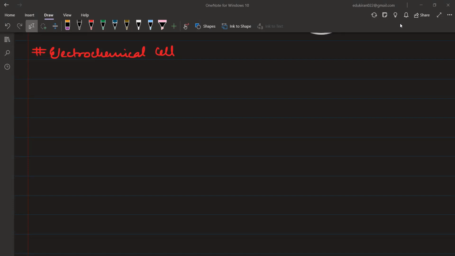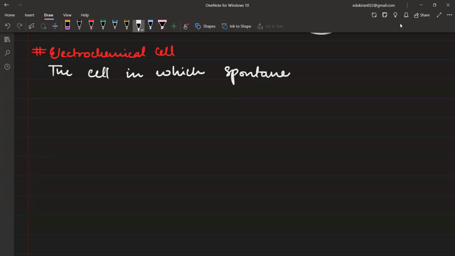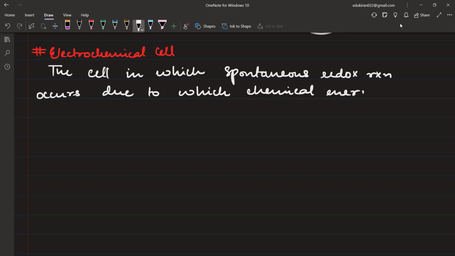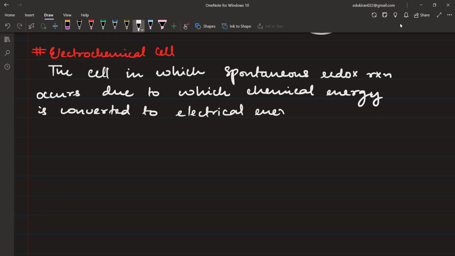So please write: the cell in which spontaneous redox reaction occurs, due to which chemical energy is converted to electrical energy, is called an electrochemical cell.